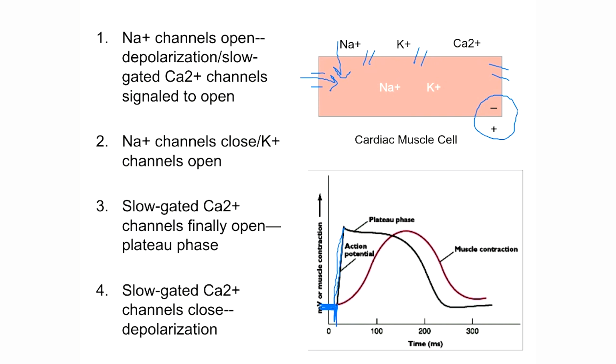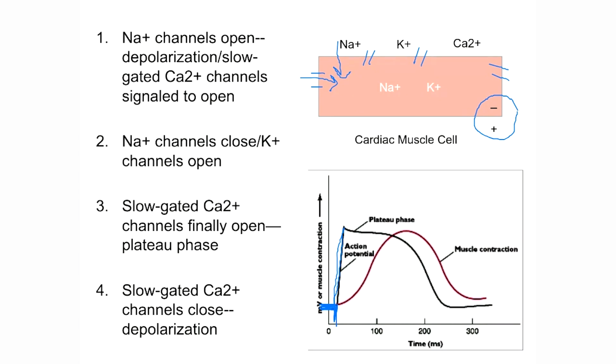They're very fast at opening and closing their gates, so we refer to them as fast-gated channels. Basically, once they get the signal to open, they pop open, and very rapidly after that, these channels also close.